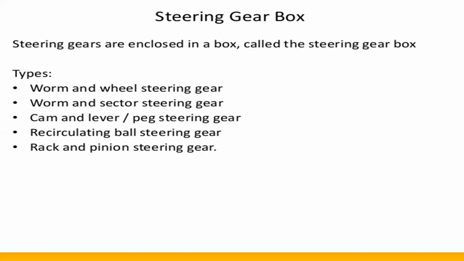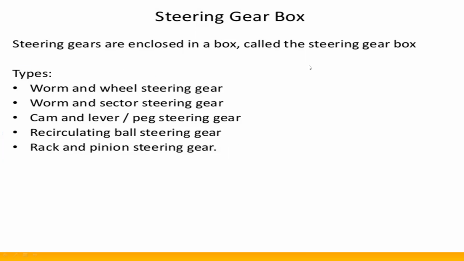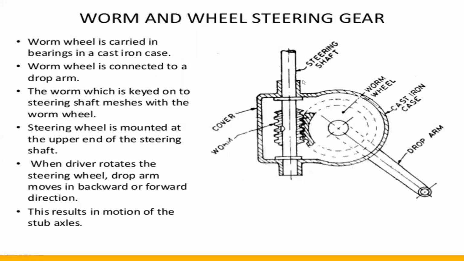These are the different types of steering gears used in the steering box. These gears are very important to convert the motion in the steering system. We already discussed these gears in yesterday's class. Today we will see the steering wheel and the linkages of steering.